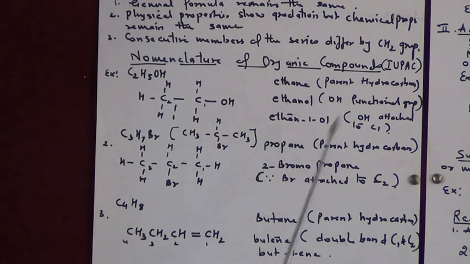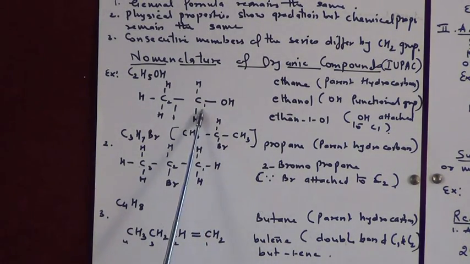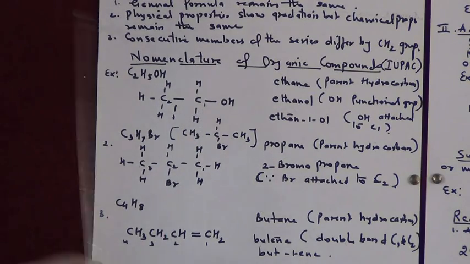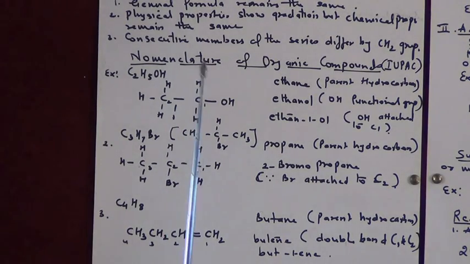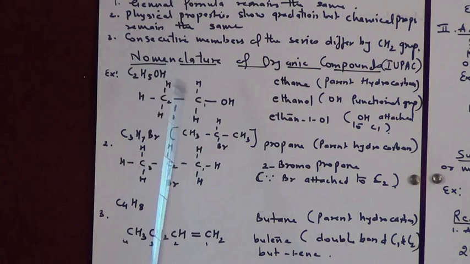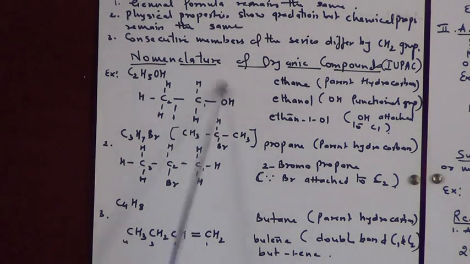While writing by the IUPAC system, we also note down its location. OH is attached to the first carbon here. While numbering the carbon atoms, we begin numbering with the carbon atom to which the functional group is attached. In this example, OH is attached to this carbon atom, so we start numbering.